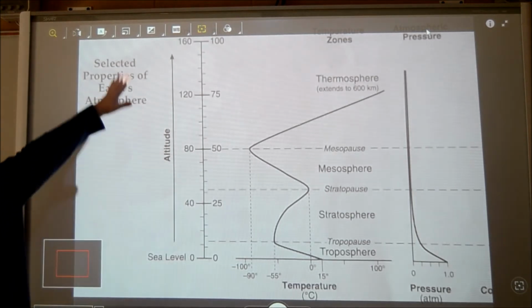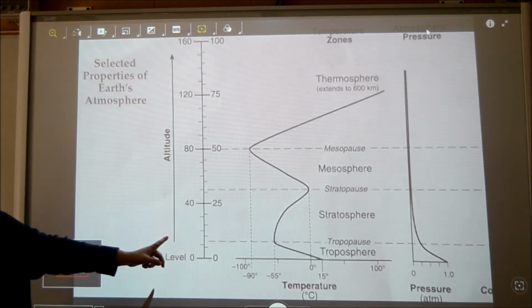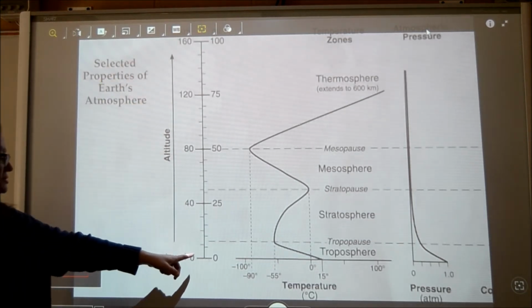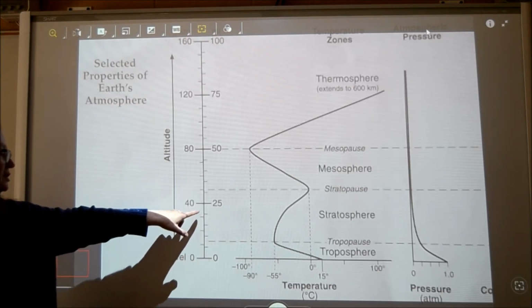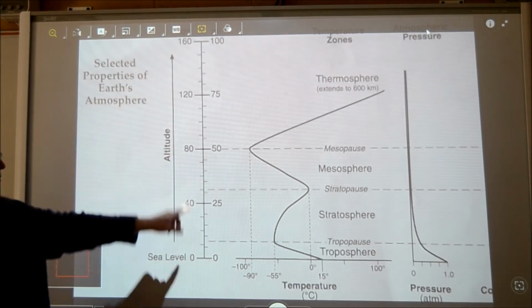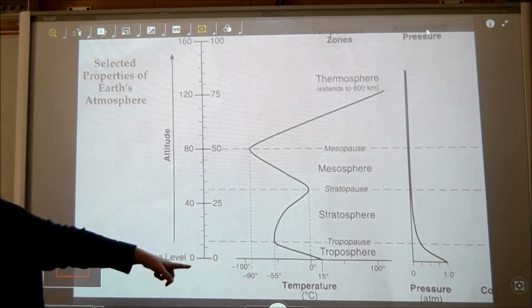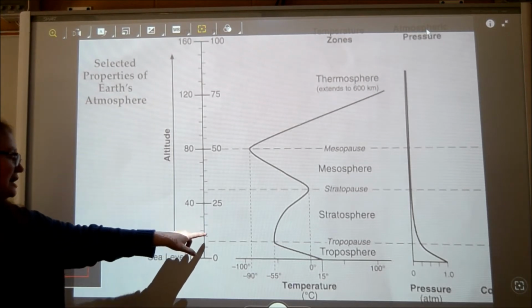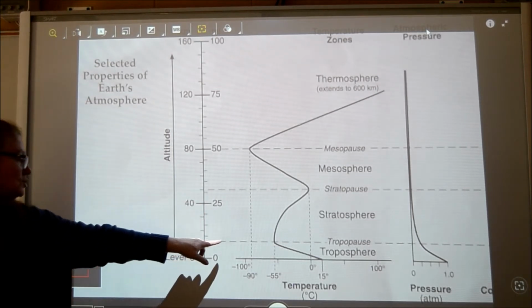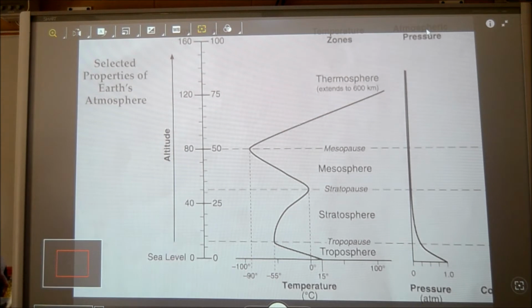Now if I'm looking over here altitude-wise, on the left-hand side is in kilometers. So each little line is going up by 10. So 10, 20, 30, 40, 50, 60, up, all right? The other side, the right side is miles, it's going by 5. So 5, 10, 15, 20, 25. So your little dots are your pauses, or it's your interface between your different atmospheres.